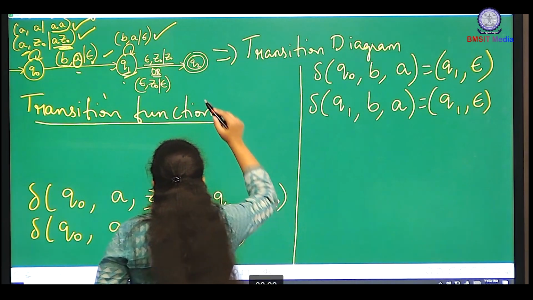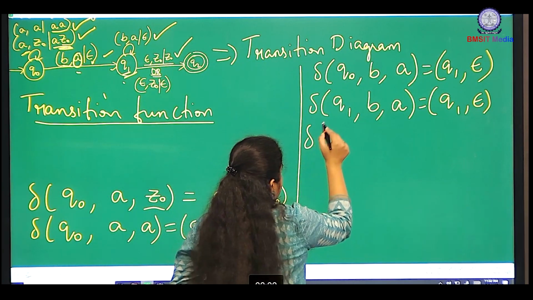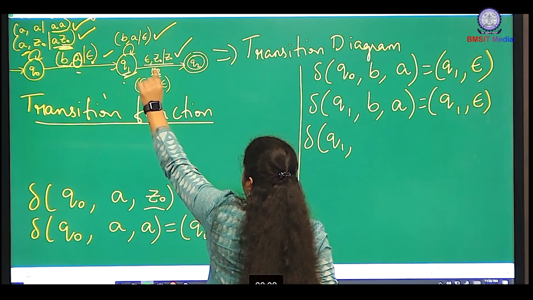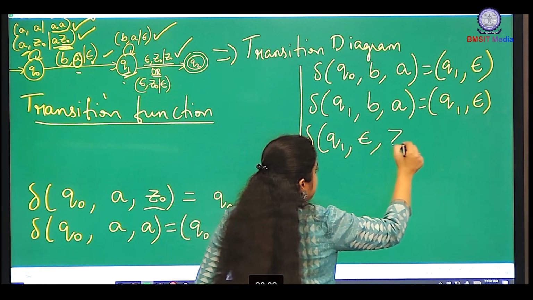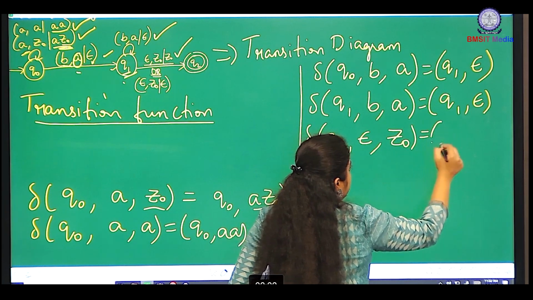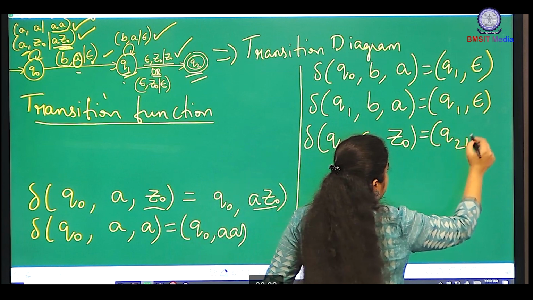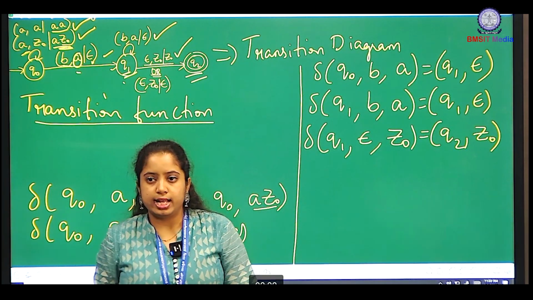The next transition is for this one, Q1. You are in state Q1, reading epsilon, and the stack element is Z naught. You go to the state Q2 and you keep Z naught as it is.